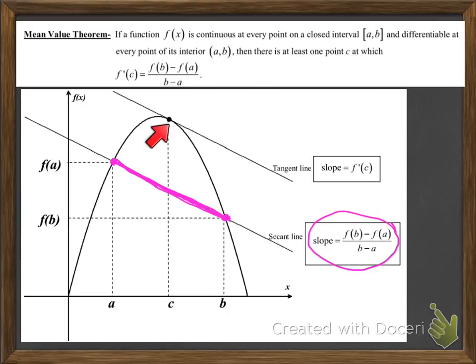All right, so there has to be a point where the slope of the tangent line equals the slope of the secant line somewhere between A and B.